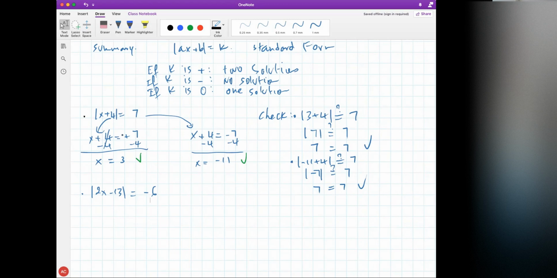There's no solution, that's right. Why? Because k is negative. The absolute value cannot be equal to something negative. It can only be equal to something positive or 0. So if k is negative, there's no solution. There's nothing to do here. You just say no solution.